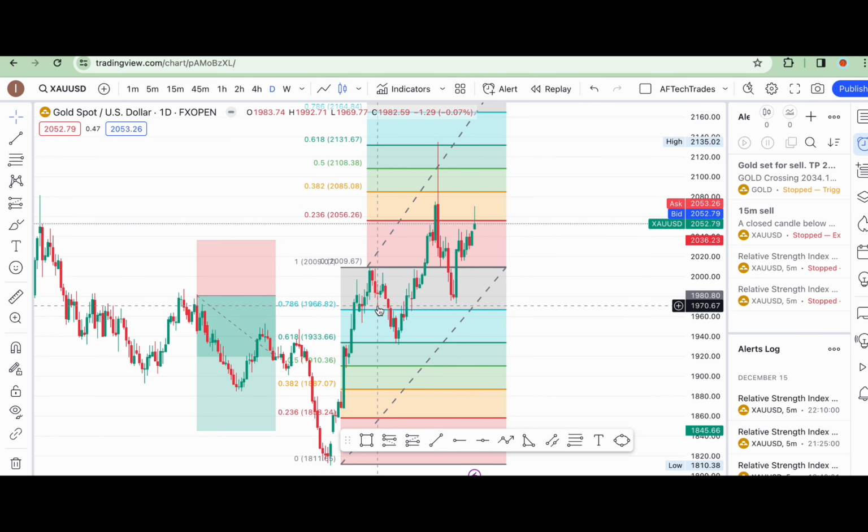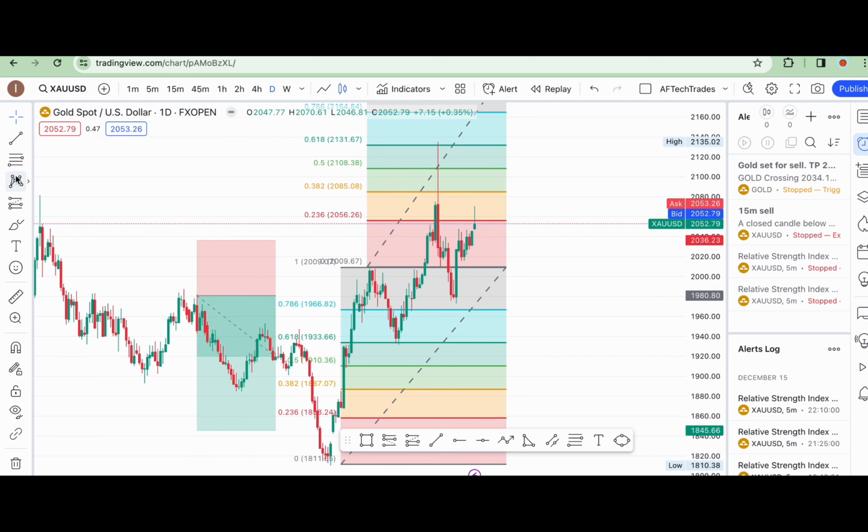Either it turned back at the 0.78 region, or the next region is 0.618, and at the 0.618 we saw a clear engulfing candle here, which indicates a turn back. Immediately you see this, you use the next candle after the engulfing for your entry position.